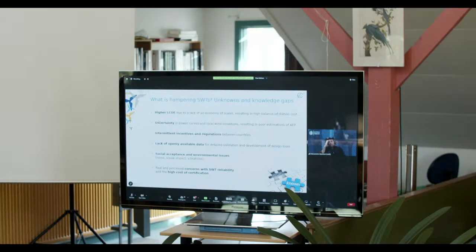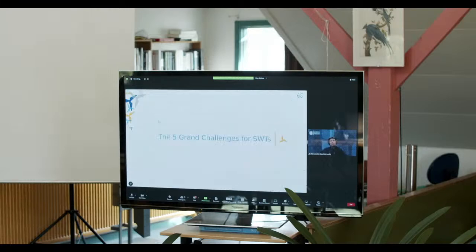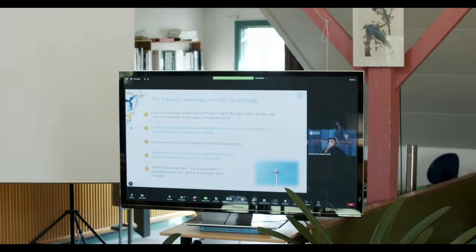And finally, it is apparent that there are still concerns with small wind turbine reliability and also with problems of certification. So overall, as said, these are not all the gaps for sure, but we tried at least to summarize them into that. Moving from this background, the paper suggests 5 grand challenges that you see listed here, but I would not read them all, and we will try to analyze them a little bit more in detail.